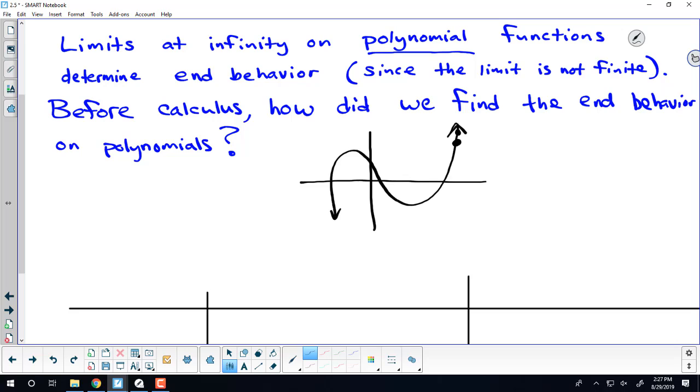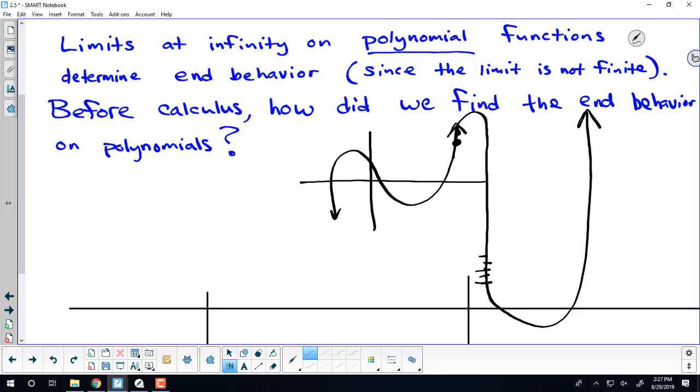Not in that instance. But also the problem with this is if we don't know what the graph looks like, for all we know, this thing turns around way up here, goes way down here, turns back around, and goes way up here, right? So if we're looking at these values, we might say, oh, those are indicating that it's going to negative infinity, but in fact, it does turn back around and go off to positive infinity, right?